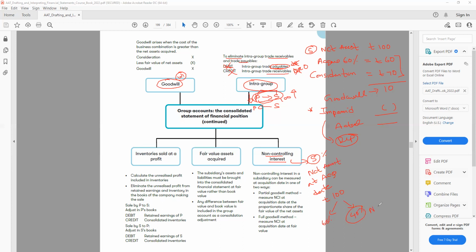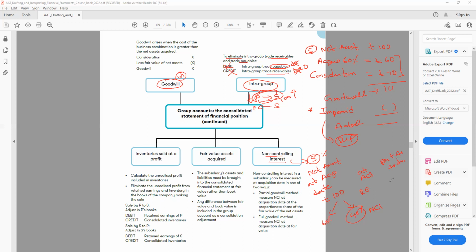Only one thing we have to remember: if there are retained earnings, that means there's a profit. So we need to look at retained earnings at the acquisition date and at the end of the year, which we call the post-acquisition date. So you need to be careful with that.